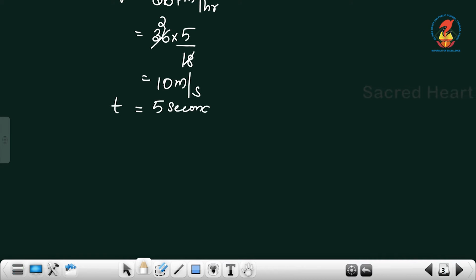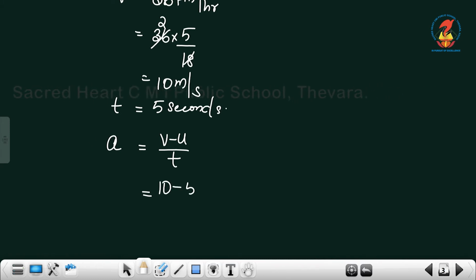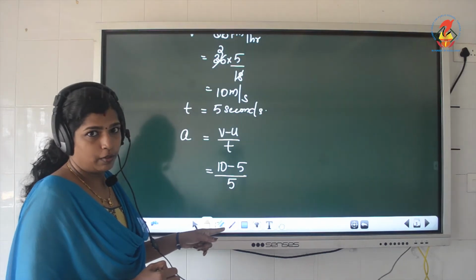5 seconds. Now we will write the equation to find acceleration. A equal to v minus u by t. Now substitute in this equation. So 10 minus 5 by 5. Don't cancel the 5 and 5.